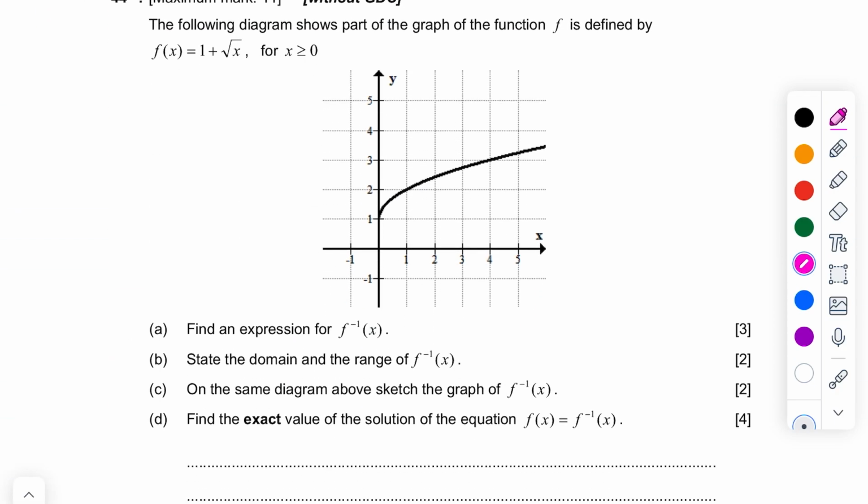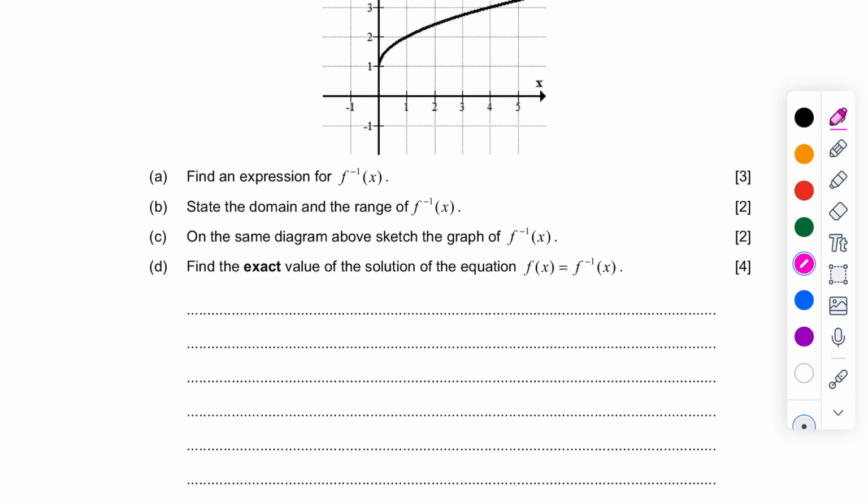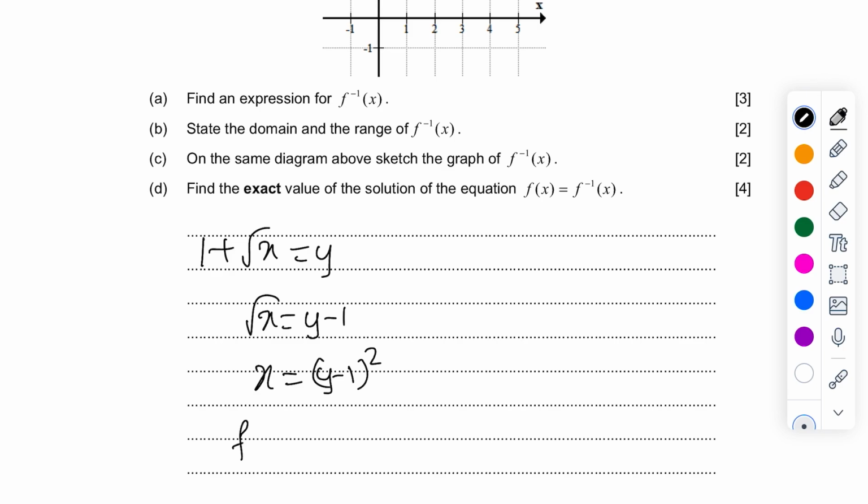And coming to the last question, the diagram shows the part of the graph defined by f of x equals this much. Find an expression for f inverse of x. So 1 plus root x equals y, square root of x equals y minus 1, x equals y minus 1 whole square. So f inverse of x equals x minus 1 whole square.